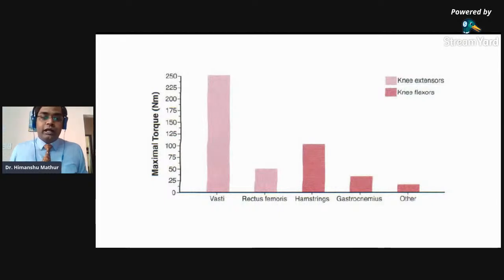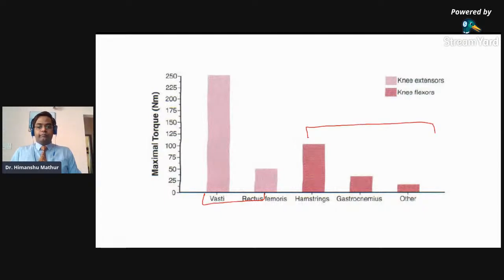This is a wonderful graph I would like to show you, for knee flexors and extensors. The pink one is the extensor group of muscles of the knee. The rest is the flexor group. The maximum flexor torque is provided by the hamstring, being the major flexor of the knee, at around 100 Newton meter.